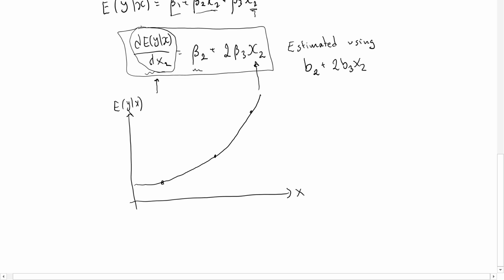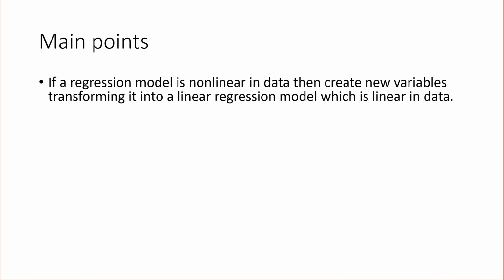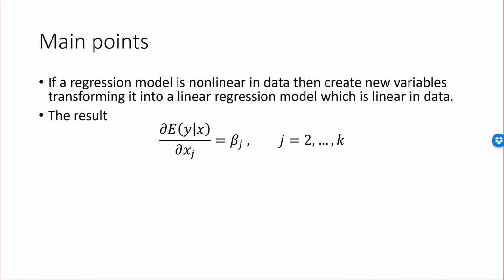This is how we estimate the marginal effect. So let's just summarize these notes about the interpretation. What we're used to from the model, which was linear in both parameters and data, this result, that's not going to be true anymore in general.